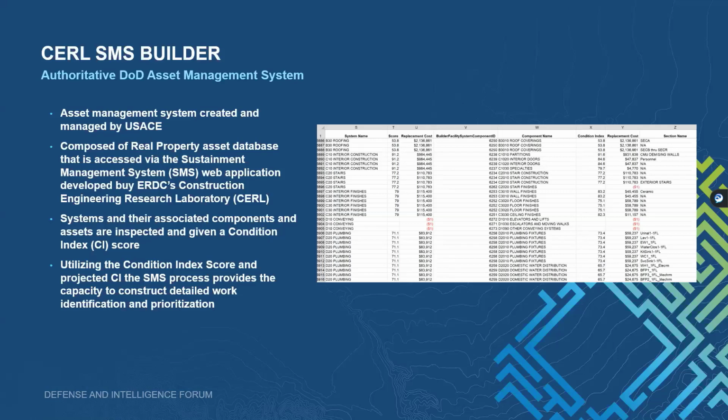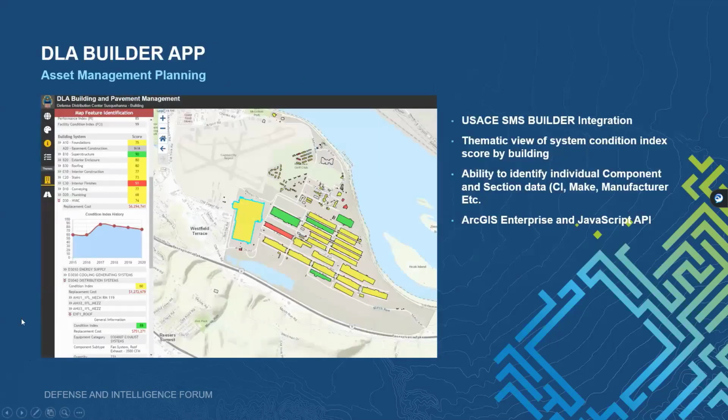So when we partnered with HDR to facilitate a solution, we thought that utilizing the builder data along with EBS, Enterprise Business System data, we could create a graphical interface that would make them far more efficient. Yes, and to show you what that looks like, here we have a screenshot of the DLA Builder app.